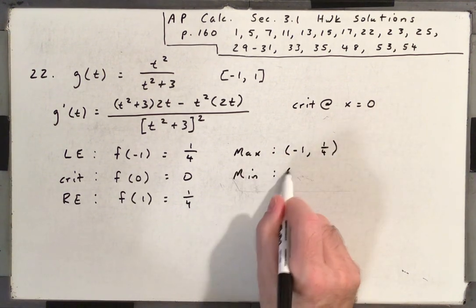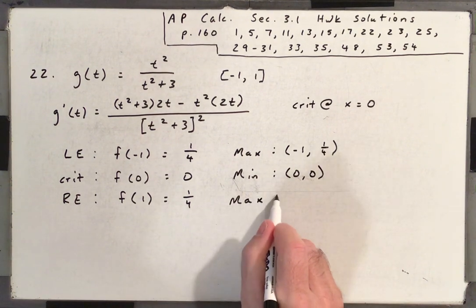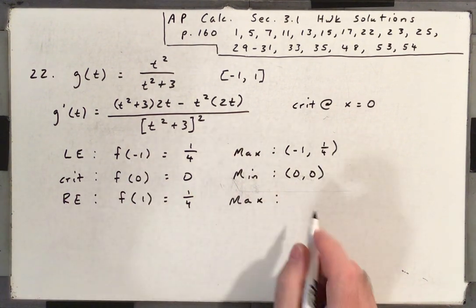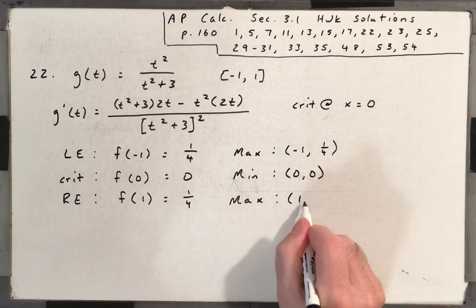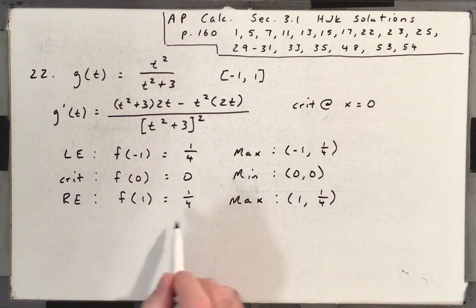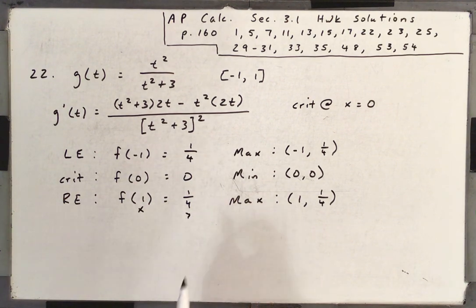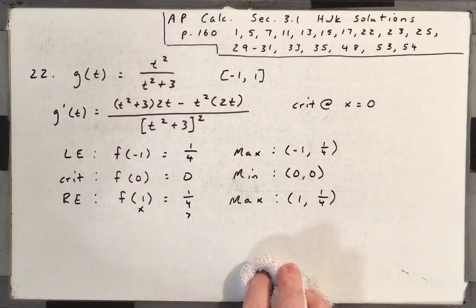We have a min at 0, 0. And we have another max because it tied with the left endpoint at 1, 1/4. And it's so easy to see what the x value is. It's the f of. So this is the x value. This is the y value. But it's the y value that tells you whether it's a max or a min.